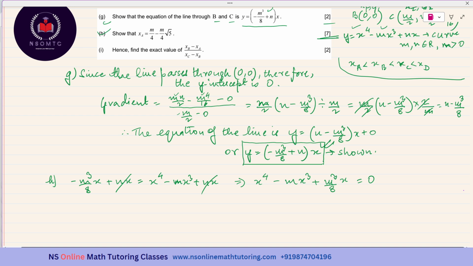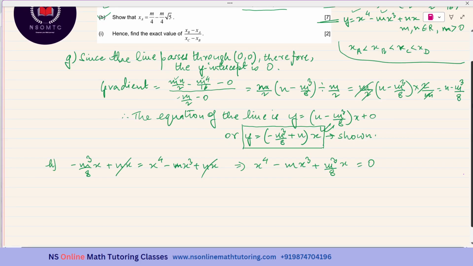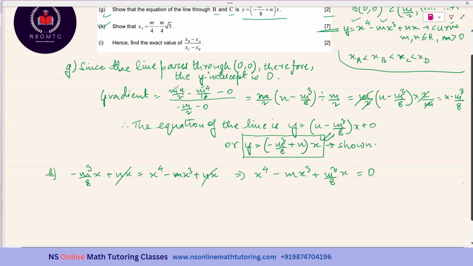Okay. And if we just graph this, we will be getting 4 zeros, and the zeros will be giving us the x coordinates of the 4 intersection points. But we cannot just see using the GDC graphs because it is containing 7 marks, so we have to show the algebraic working.